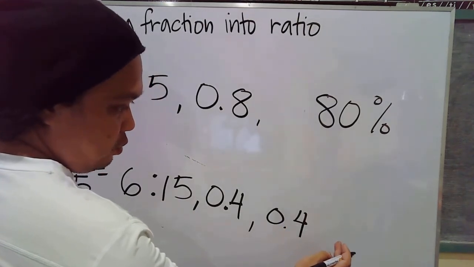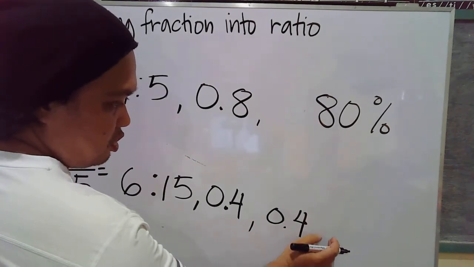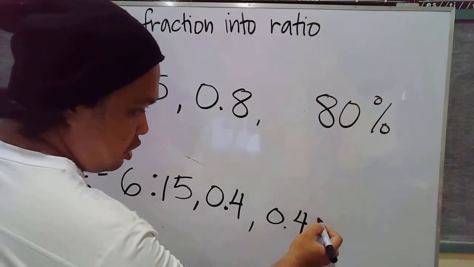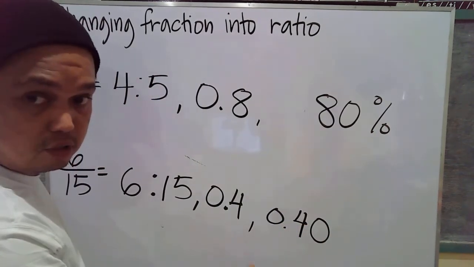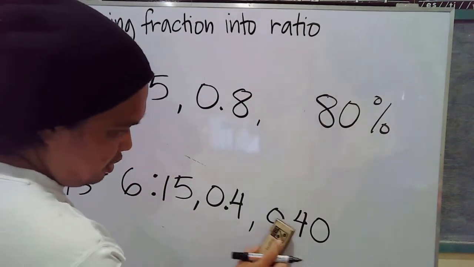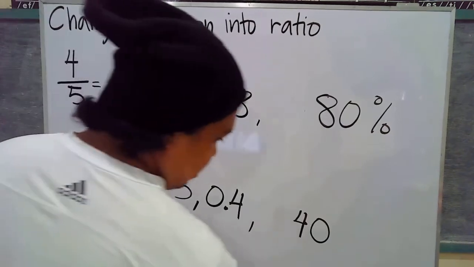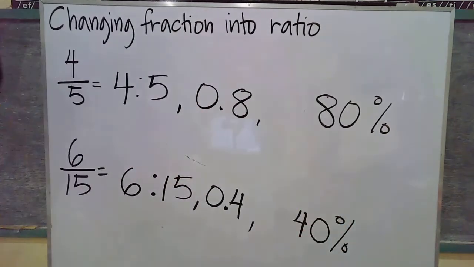So we have the decimal point here, but we have 1 step which is blank. So just put some 0 in it, so that we move it 2 steps to the right. Okay? So drop the decimal point here and change that into percent. So we have 40%.